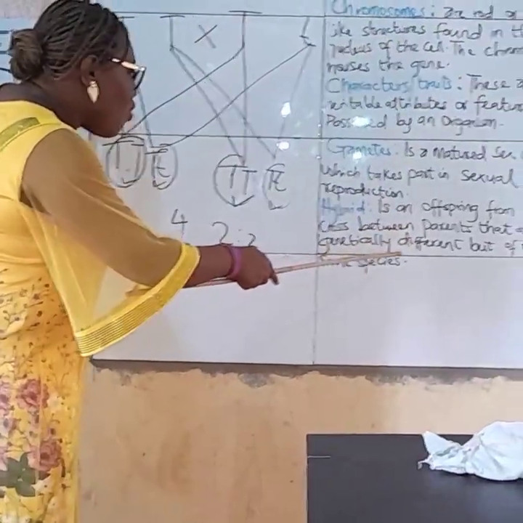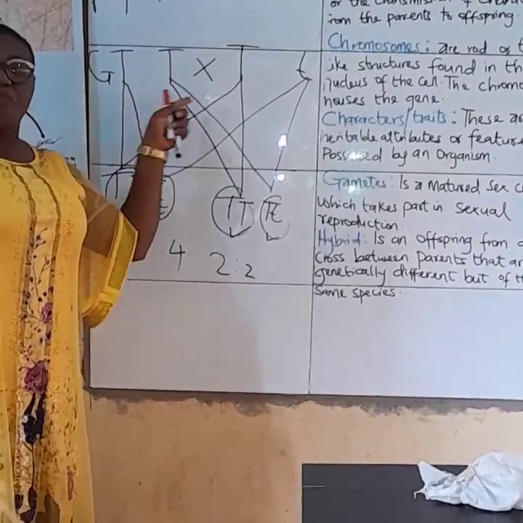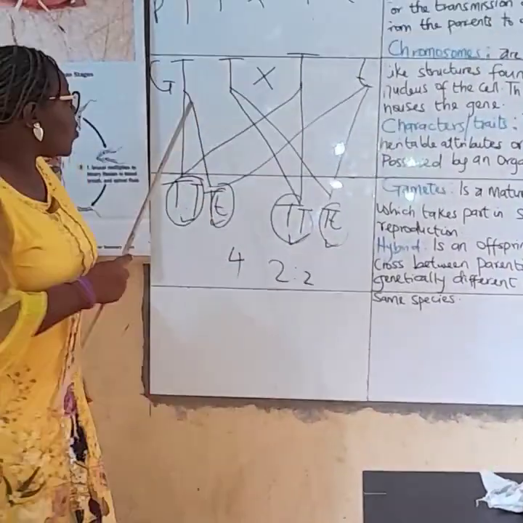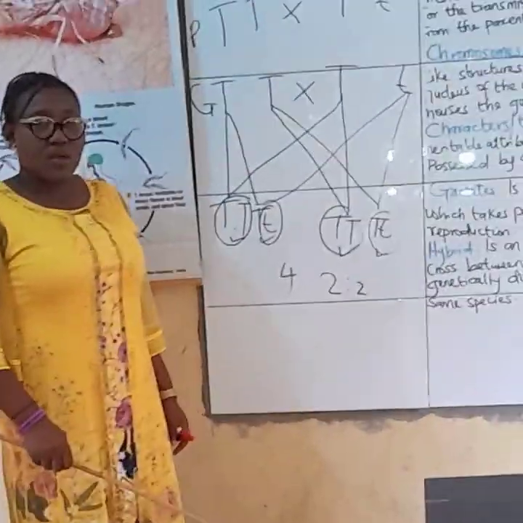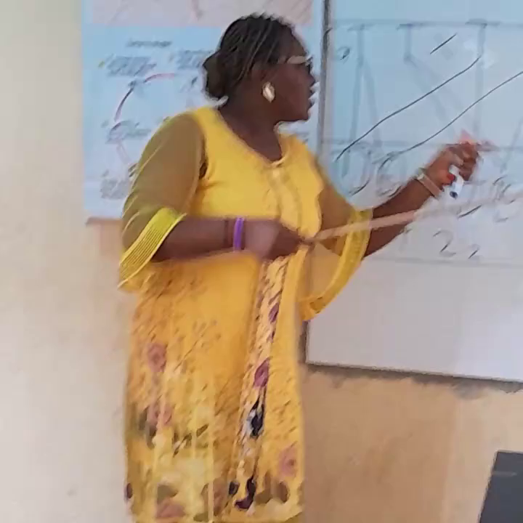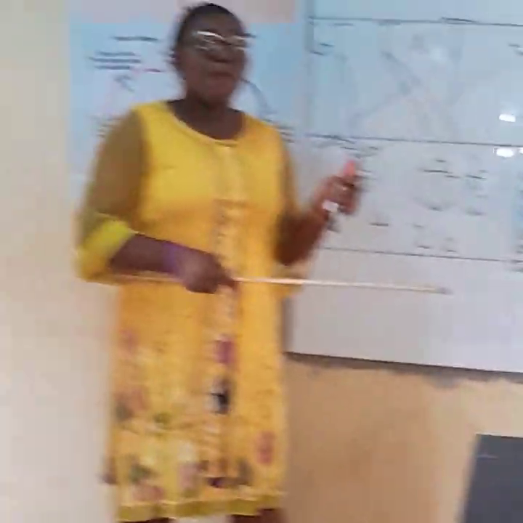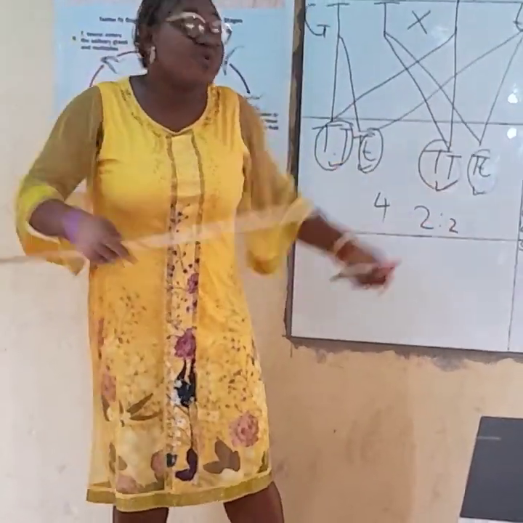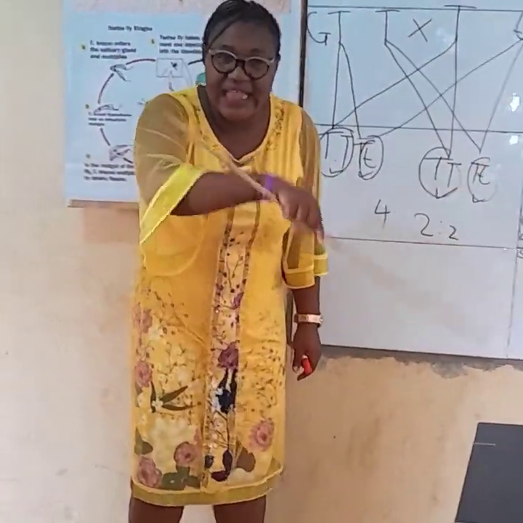Genetically, they are different, this one is not the same as this one, but they are of the same species because we know that they possess that tallness in them.